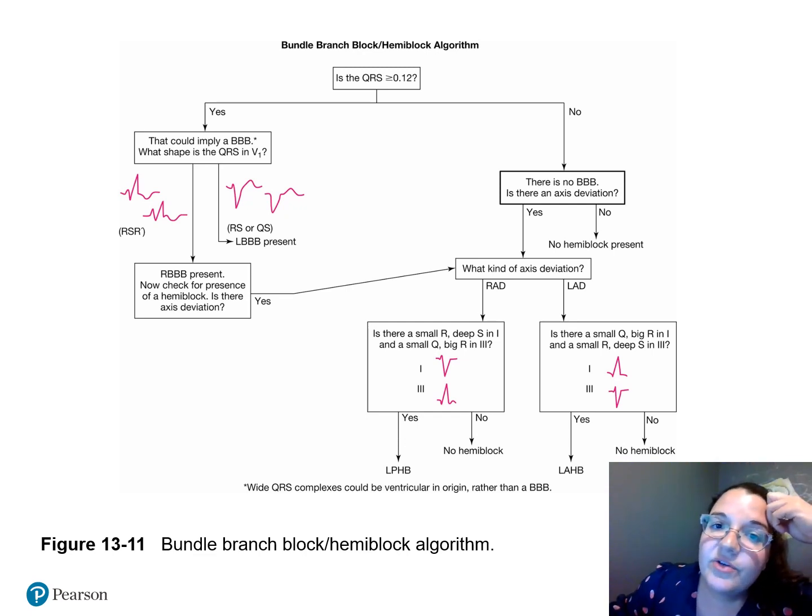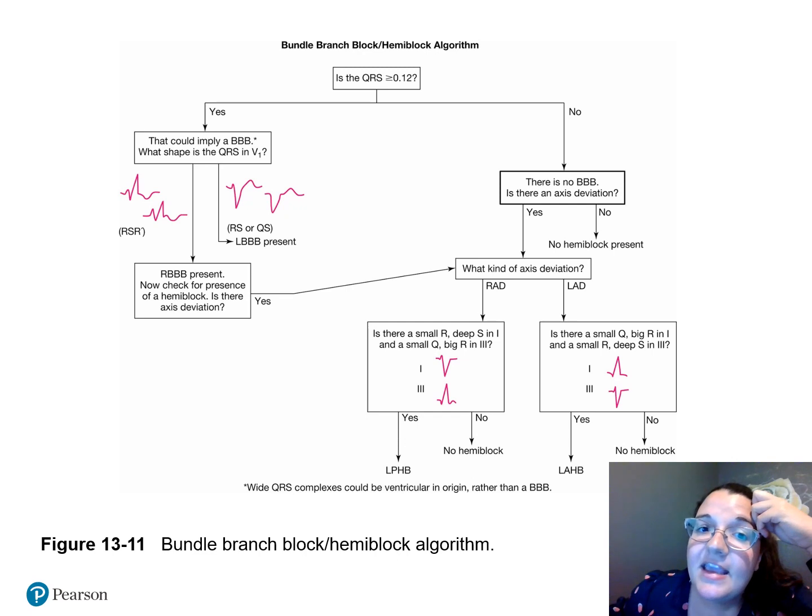So in this algorithm, you're going to ask yourself, do I have a bundle branch block or a hemi block? Is the QRS greater than 0.12 seconds? If it is, it could imply that I might have a bundle branch block. What lead am I going to look at for bundle branch? V1. What is the shape?